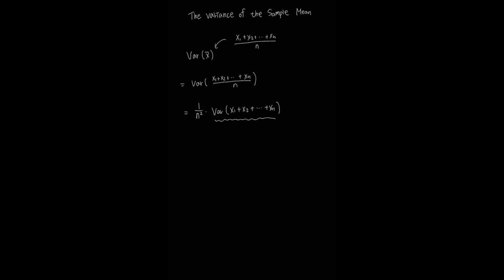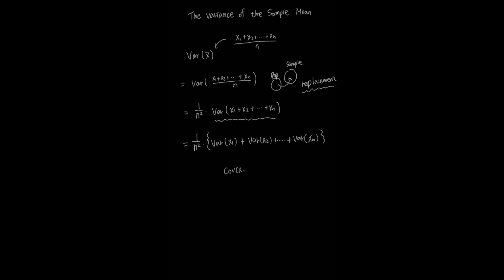When we took the sample from the population, we took each element with replacement. Because we use replacement when picking the sample, each element in the sample is independent of the others. So we can write variance of x1 plus variance of x2 up to variance of xn, because in a linear combination there is no covariance.